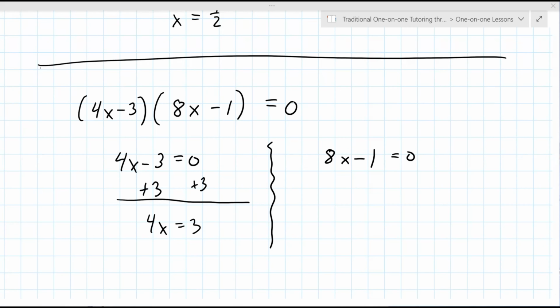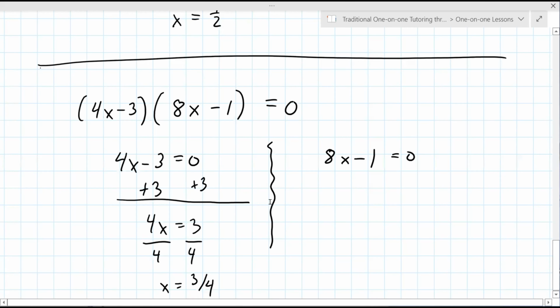Okay, and then to undo 4 times x, you divide by 4 on both sides. So x equals 3/4.